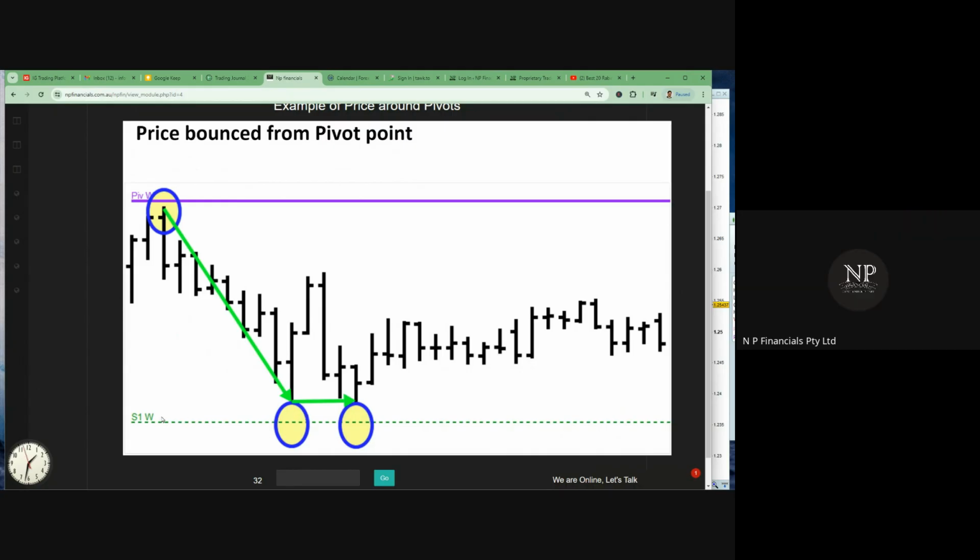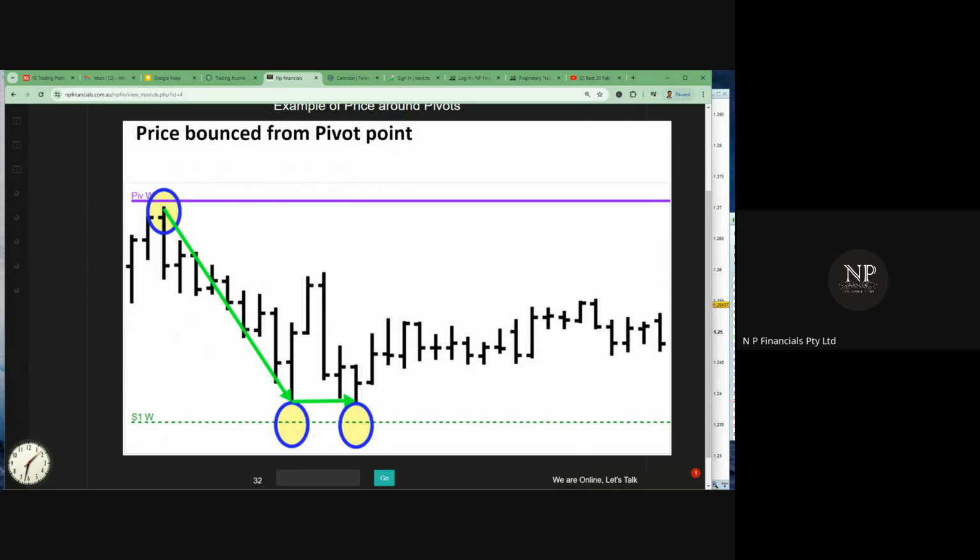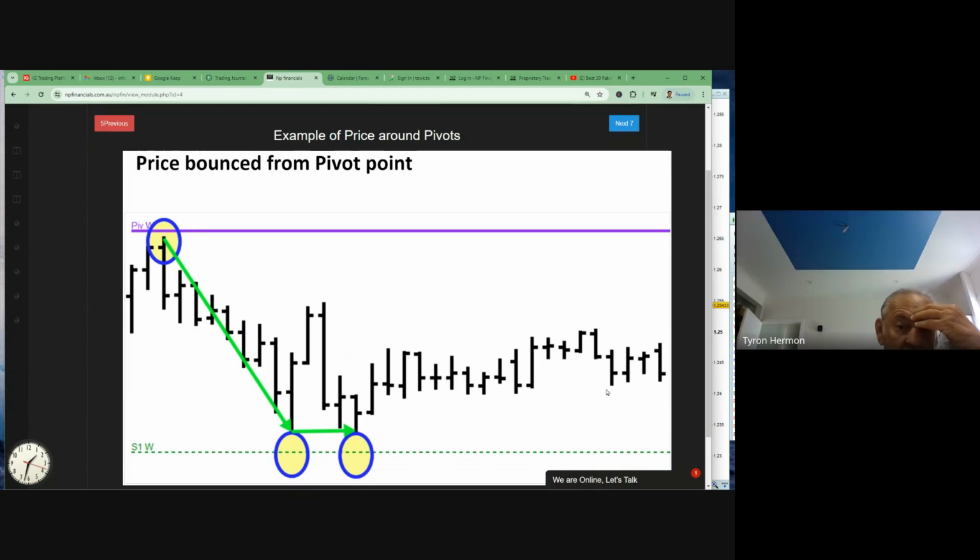In this case it did not touch, but it did a double bottom. So this is one example of price bouncing from a pivot point. Any question here? No, very good.